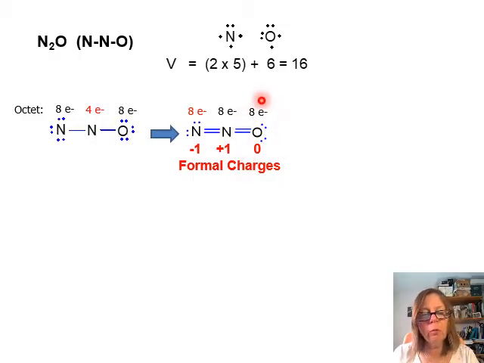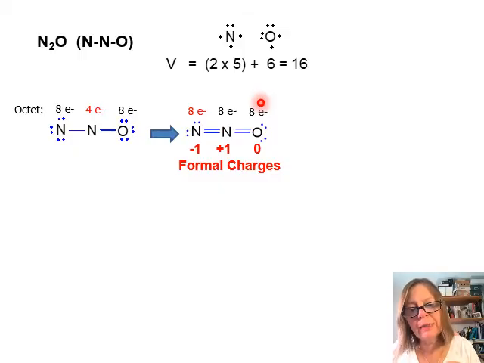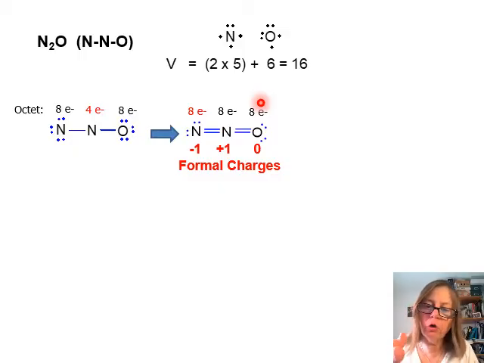If you recall what we saw in module 3, oxygen is the second most electronegative element of the periodic table, meaning it's pulling electrons towards itself. So having a neutral oxygen while we have a negative nitrogen doesn't work. It's better to have more electrons on the oxygen.